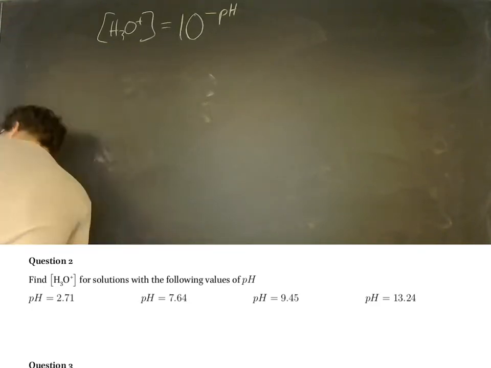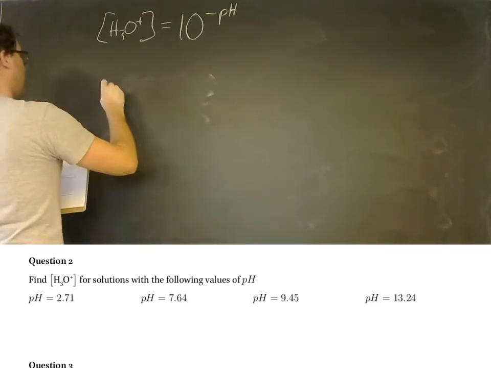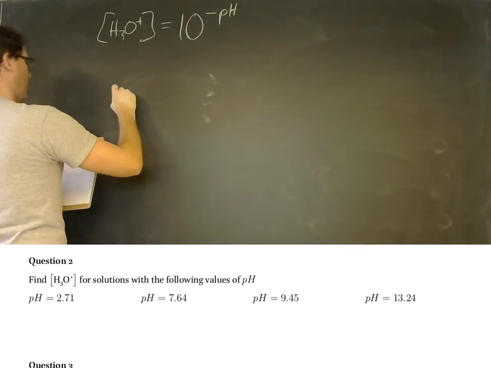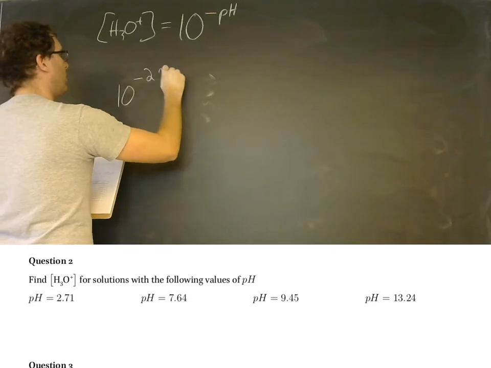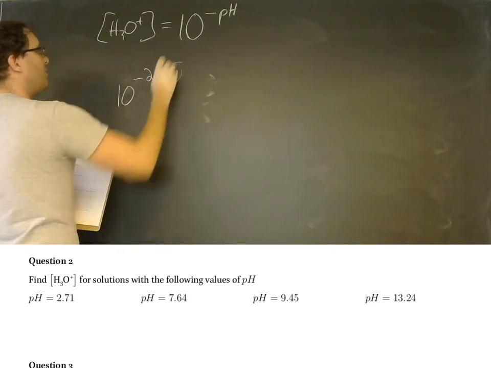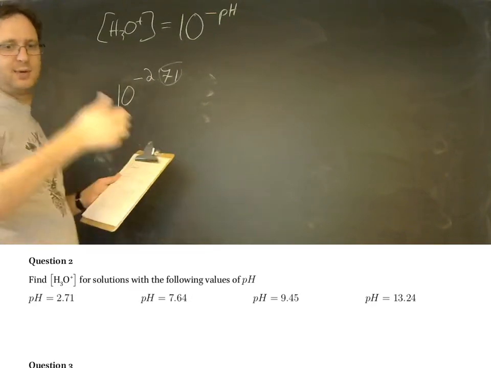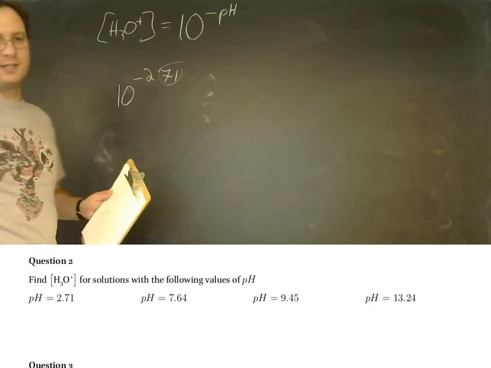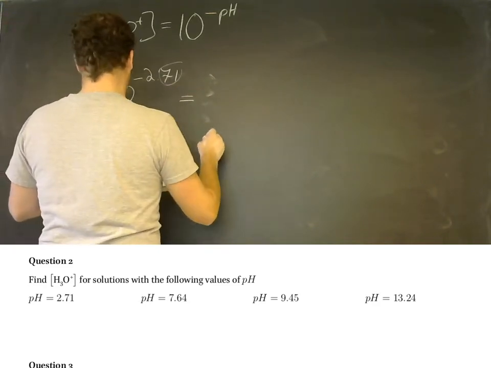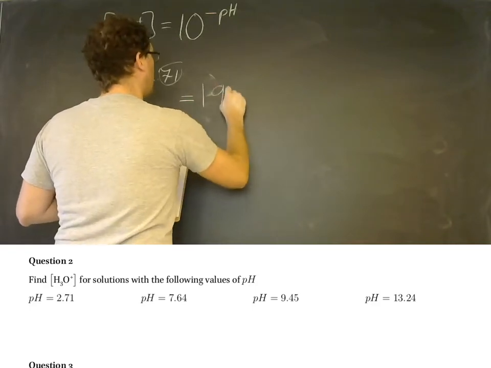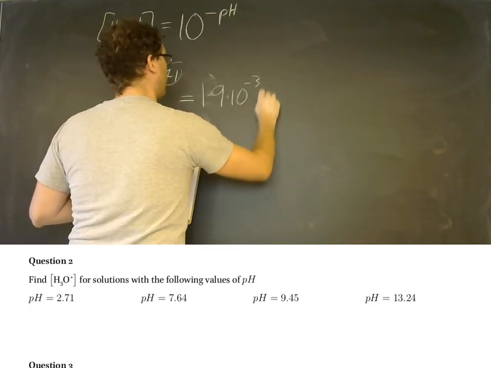And so if I have a pH of 2.71, then I'm looking for 10 raised to the negative 2.71. And again, we've got two sig figs here. It works the same in reverse. Two sig figs in this pH, and so we'll want an answer to two sig figs. And that's going to be 1.9 times 10 to the negative third molar.